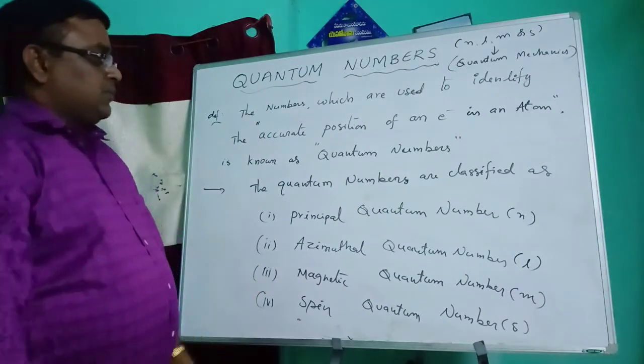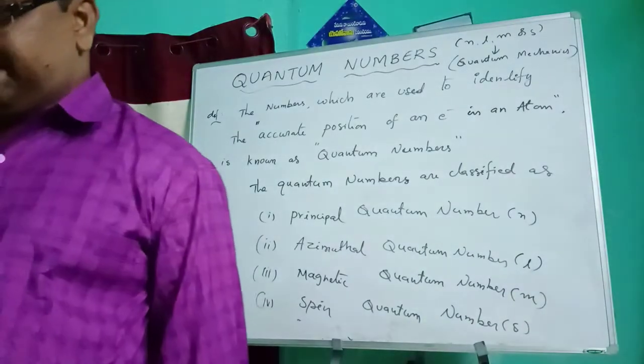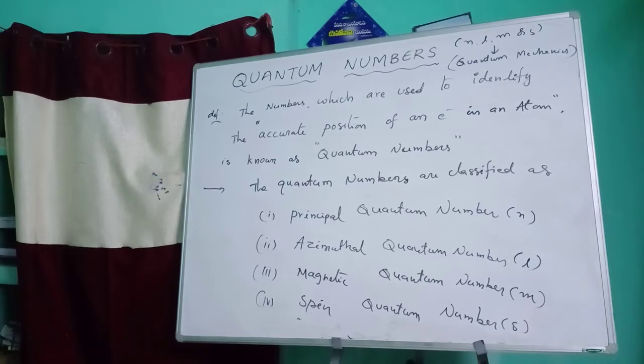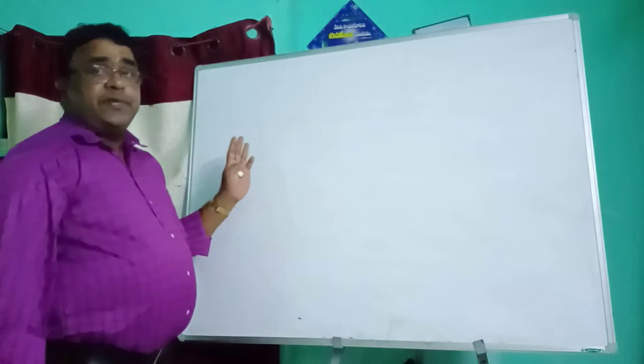So first you write it. These four quantum numbers we have to simplify in a table.